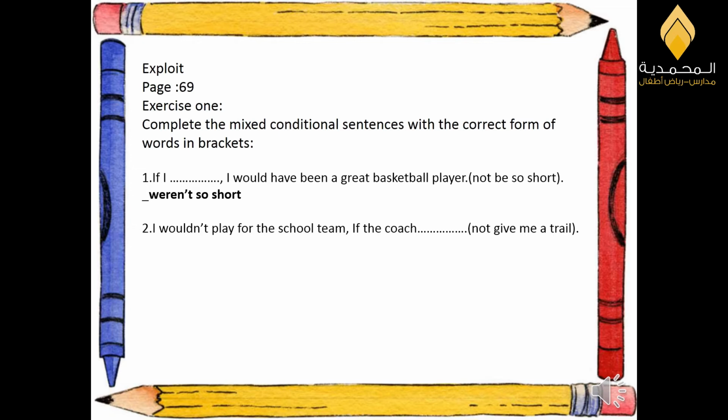So the if clause here has to be in the past perfect. If the coach had not, because I have the negative here, had not given me a trial. Let's see the answer together.